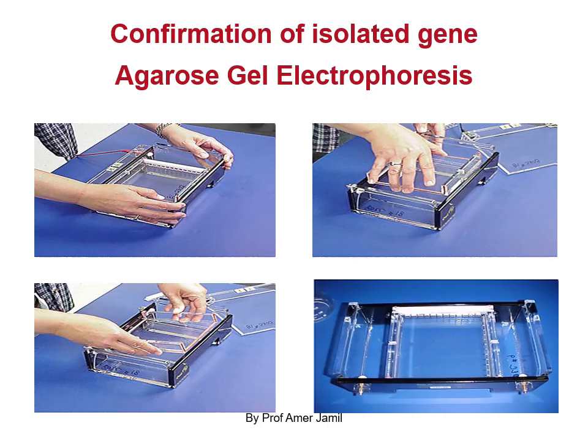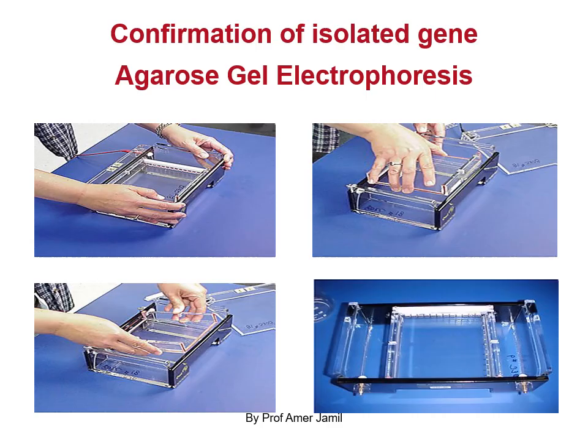Electrophoresis is a technique in which charged species are separated under the influence of an electric field. There are different types of electrophoresis such as agarose, polyacrylamide, and some other types as well. But here we will discuss agarose gel electrophoresis because it is the most commonly used for nucleic acid separation.